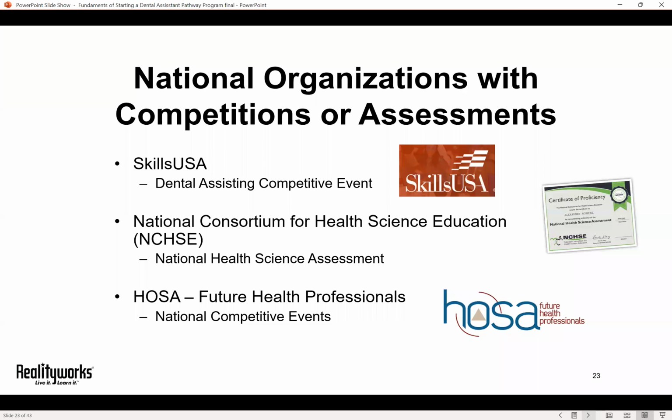And then for another competitive event, HOSA, of course, has a variety. They have so many different knowledge and skills competitions, but two specific to dental are the secondary and post-secondary collegiate health science event on dental terminology, and a health professions event for dental science.